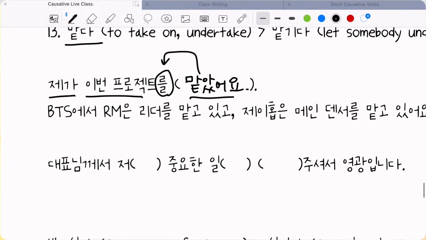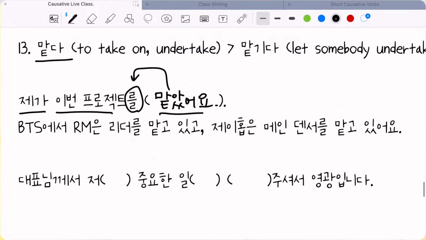그 다음에 it can also be used for positions, which position you are in charge of in a group. So in K-pop groups, for example, like BTS에서 RM은 leader. He's the leader, right? So he took on the position of a leader. So that's when you can say 리더를 맡다. 리더를 맡고 있고 RM is in charge of, basically, undertaking a leader position.